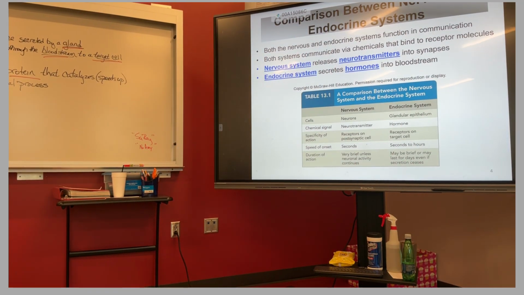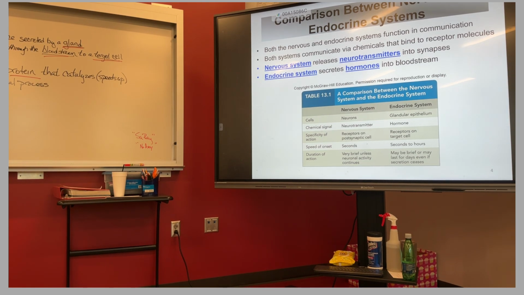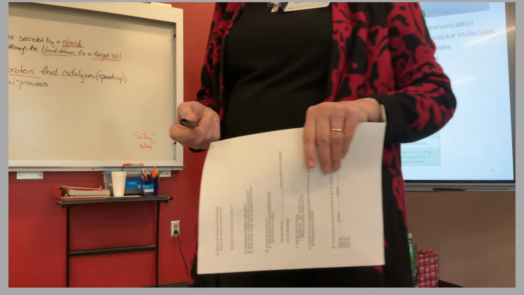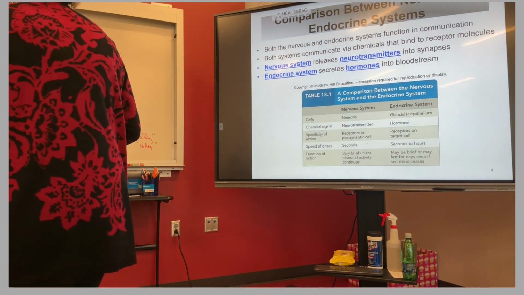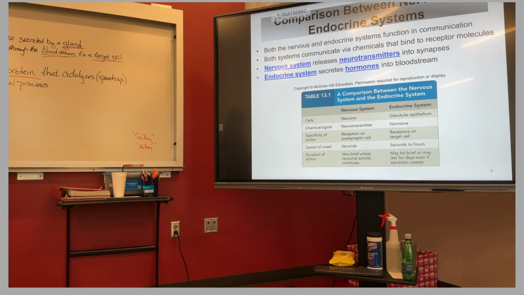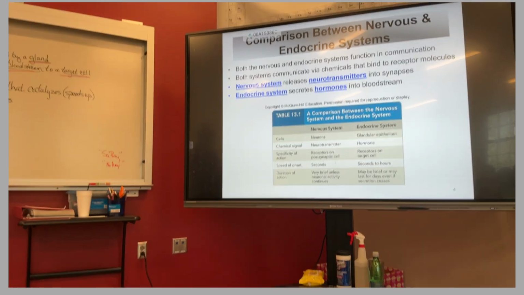Okay, so we started with the nervous system review, and it seems like I said to y'all, you know, the nervous system is responsible for communicating, right? Communicating to different bodies. Well, the endocrine system is also involved in communication. So let's compare the two. And it's important that you understand and distinguish the differences.